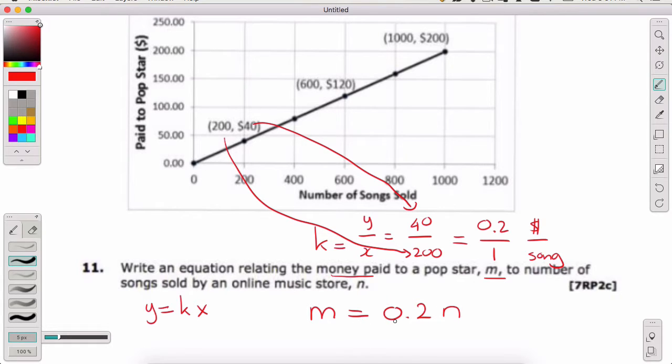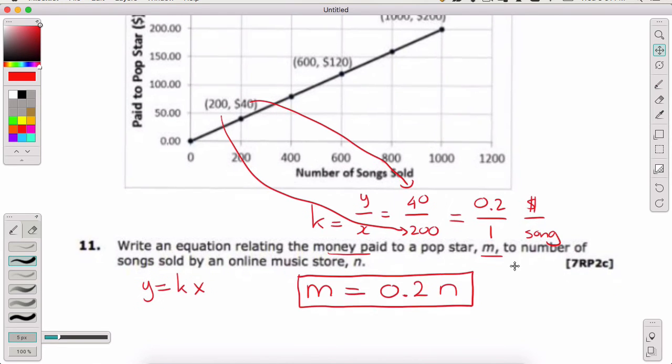So M equals 0.2 times N, which means money, amount of dollars, equals 0.2, or 20 cents, times the number of songs sold. And I think that's it for that standard.